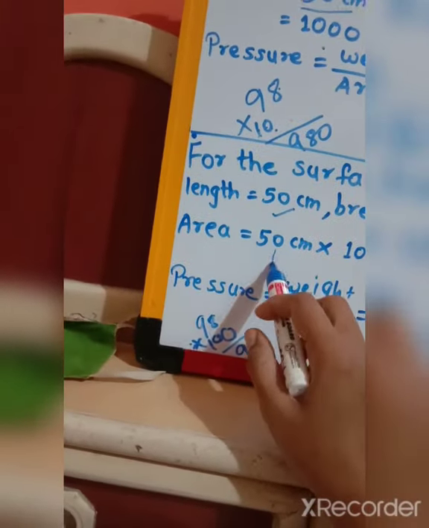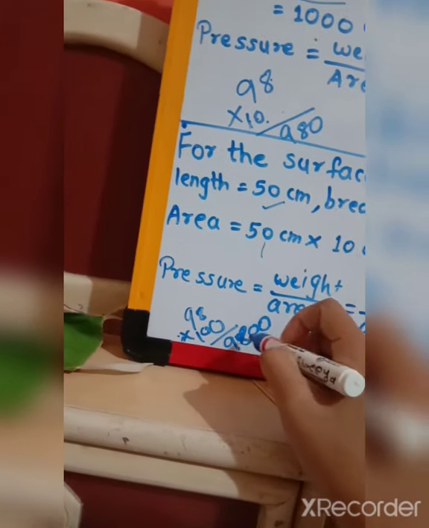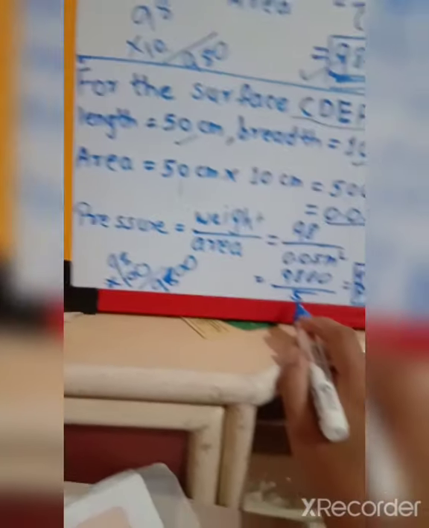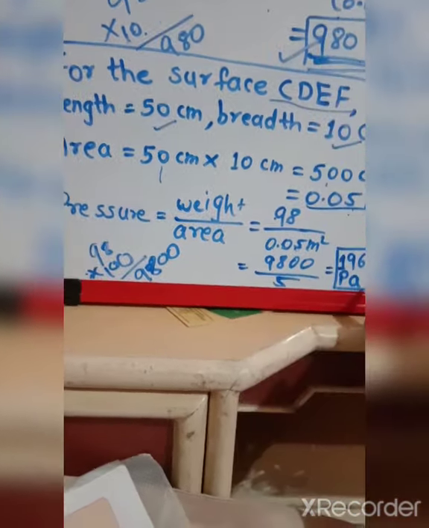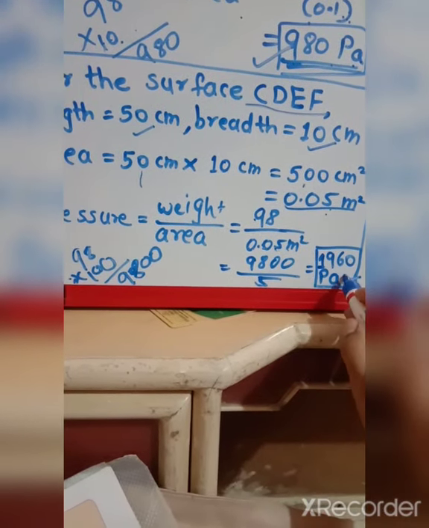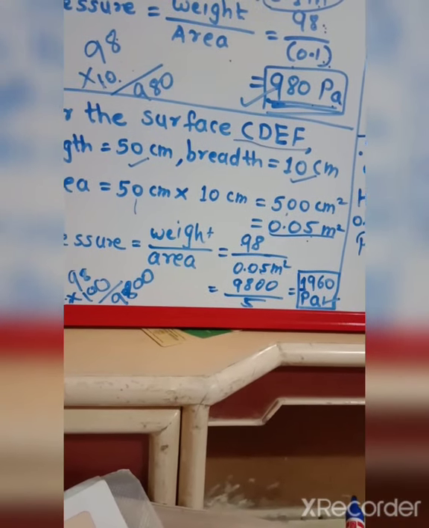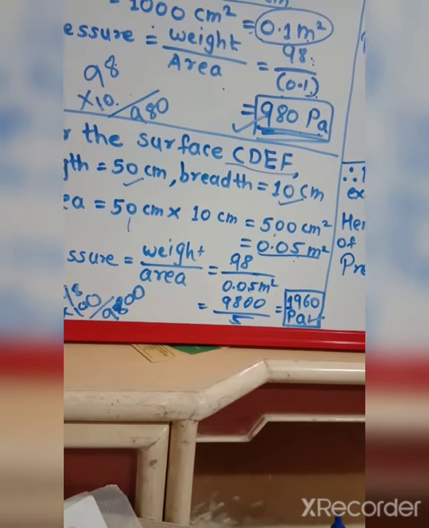So 9800. Okay, so that is 9800 divided by 5. This 5 will come over here. So that is 1960 Pascal. The answer will come 1960 Pascal.